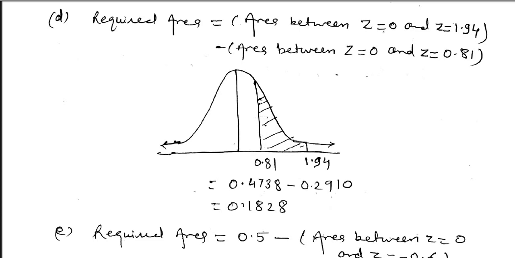So this is equal to 0.4738 minus 0.2910, which is equal to 0.1828.